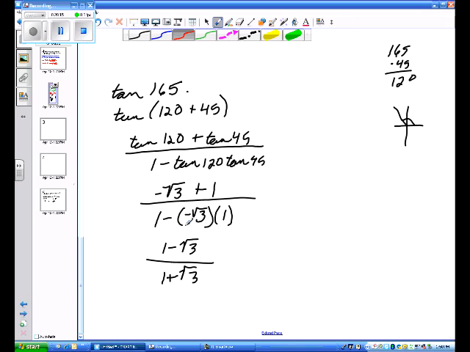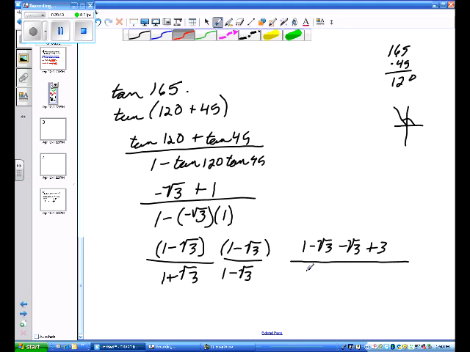If we were going to rationalize this, we'd multiply by the conjugate, which is 1 minus the square root of 3. And so what we would get in our numerator, multiplying those out, we have 1 minus the square root of 3 minus the square root of 3 plus 3.